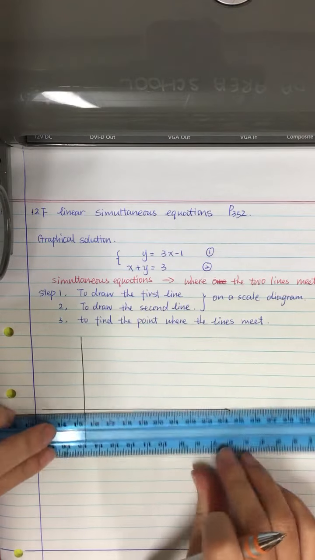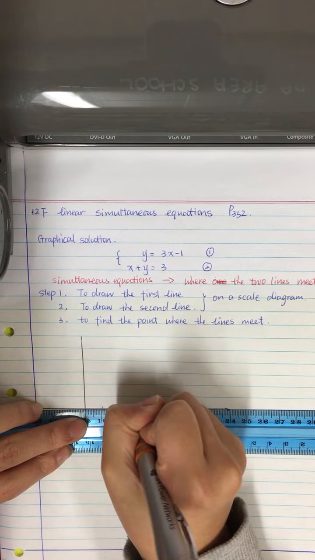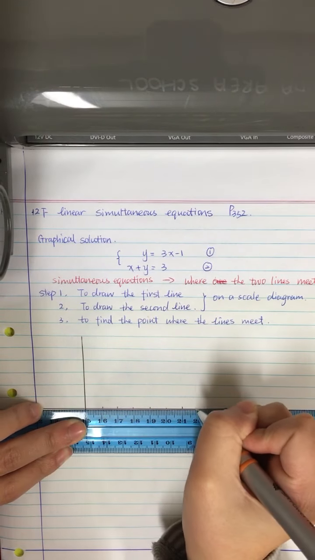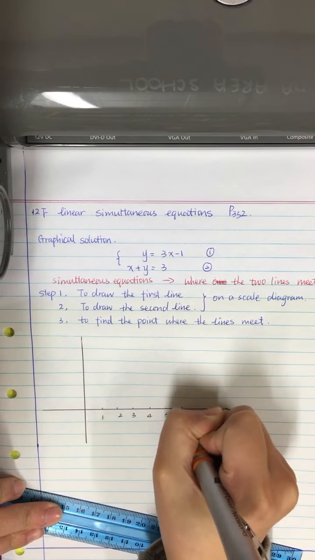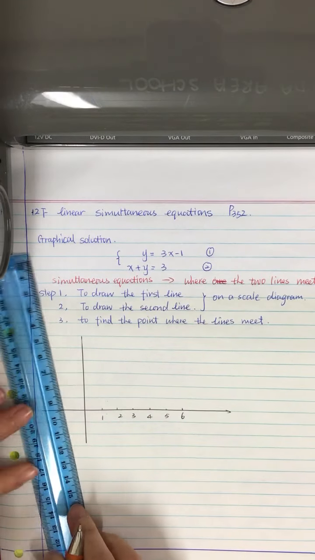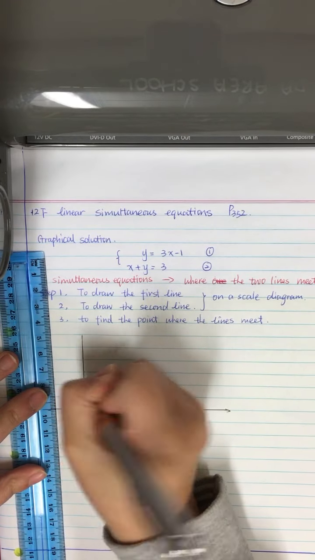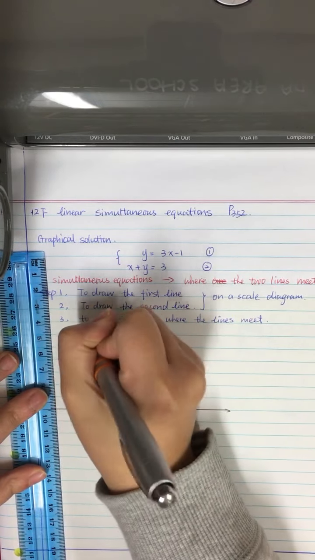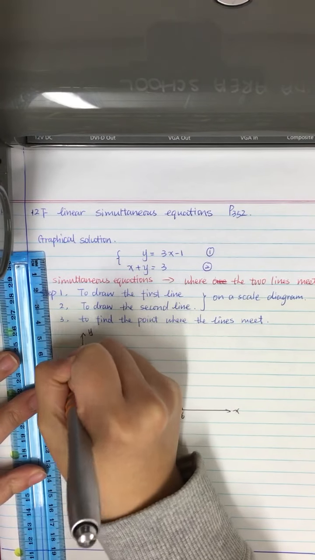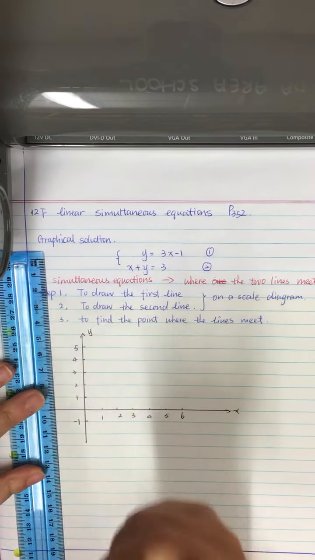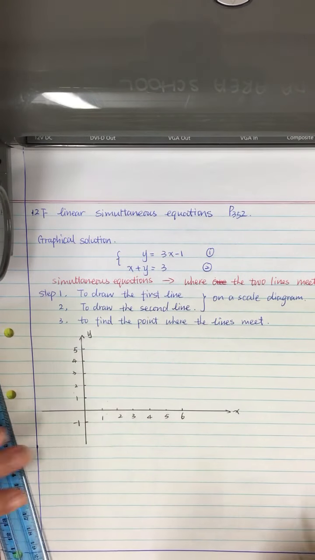I have to have a proper scale in here. 1, 2, 3, 4, 5, 6. If I need, I will just put a little bit extra. And -1 here, 2, 3, 4, 5. That's y and that's x. 1, 2, 3, 4, 5, and -1, and that's all.